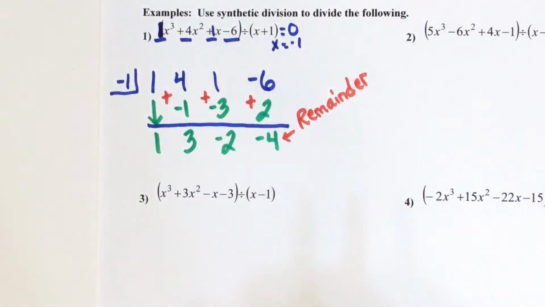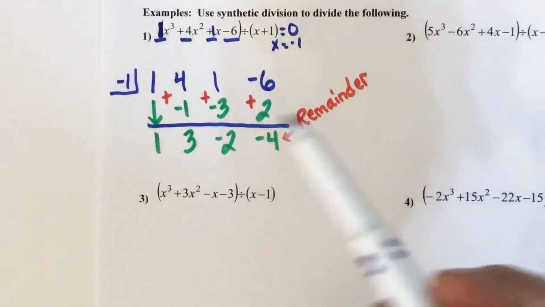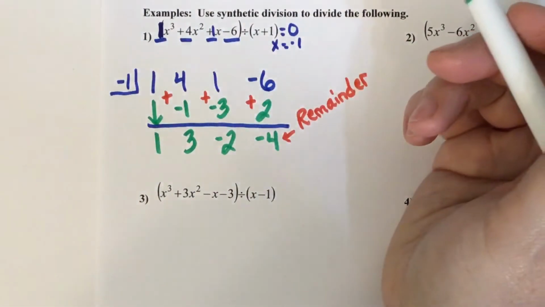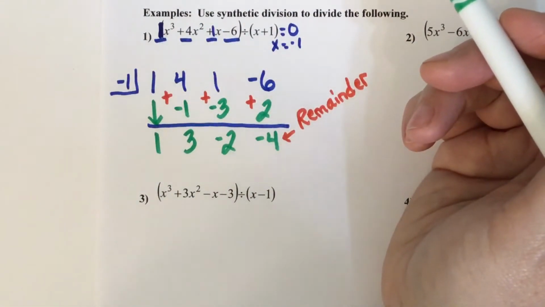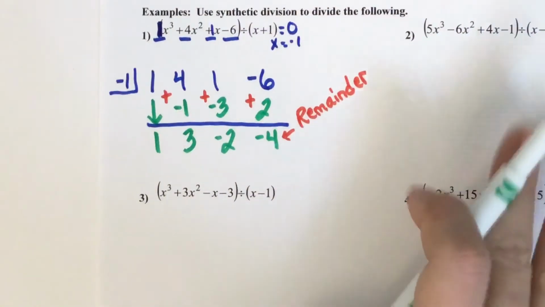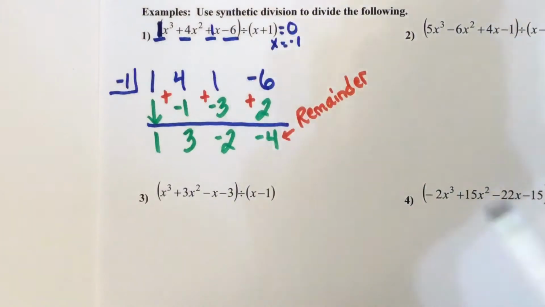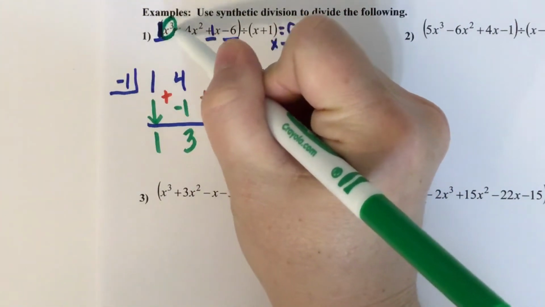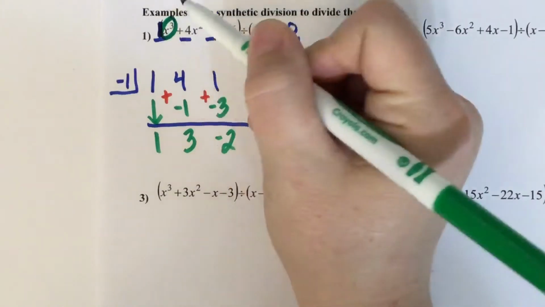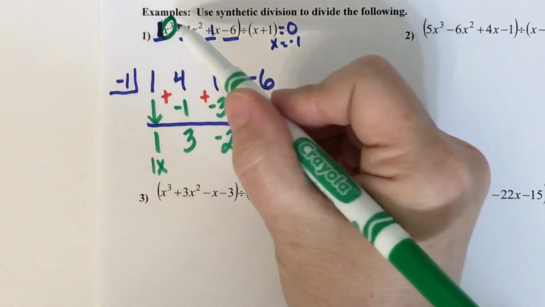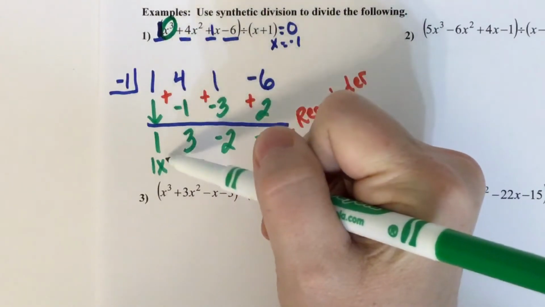Okay, so this first part won't really make sense to you, so you'll just have to kind of believe me. Now, when I teach this lesson live in class, I will try to explain this. But to keep the video a little bit shorter, I'm just going to get into how you do it. So whatever the exponent starts off as in your problem, this first number is always going to be in front of an x with an exponent that's 1 less.